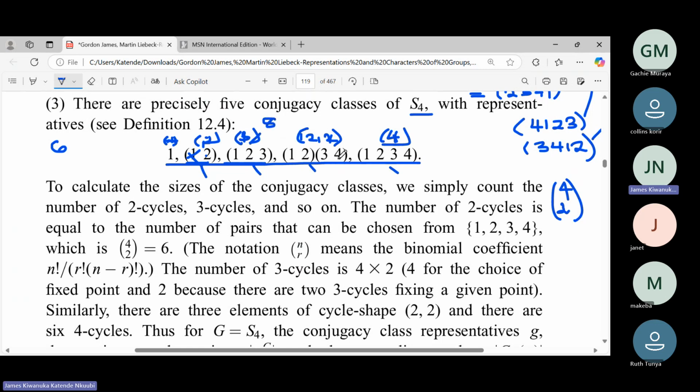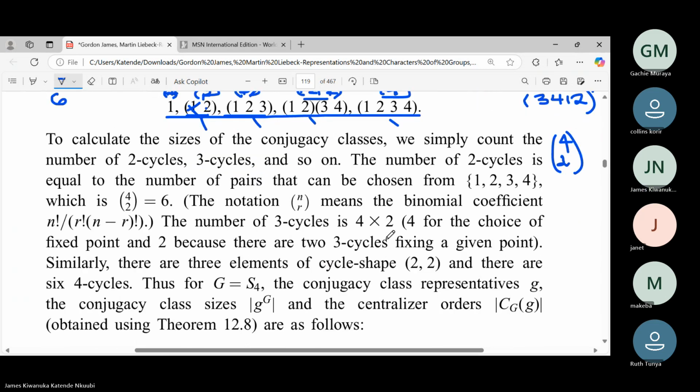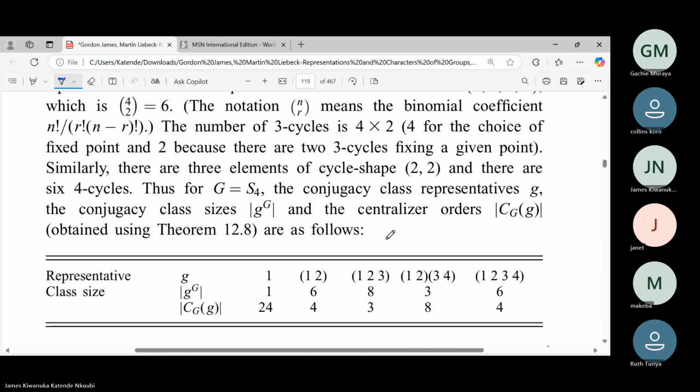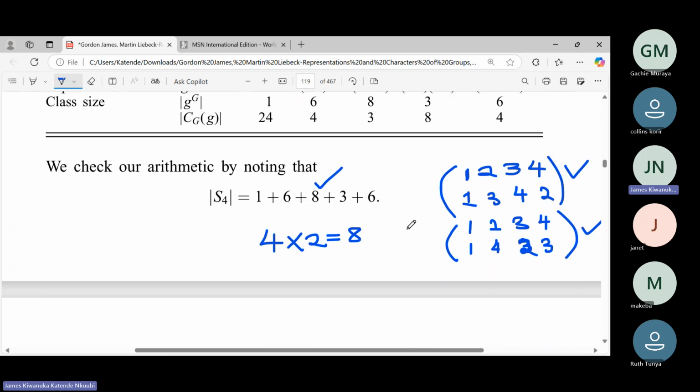Then the other one is these ones we have seen, there are 3. We listed them. And the 4 cycles, there are 6 distinct ones.